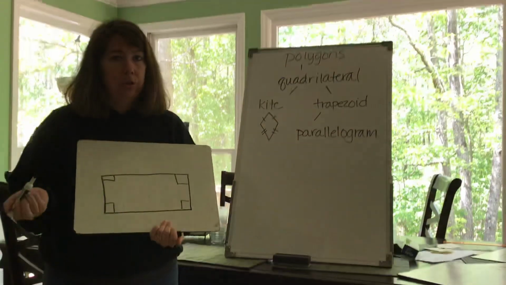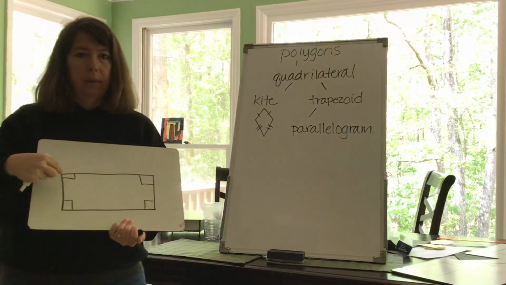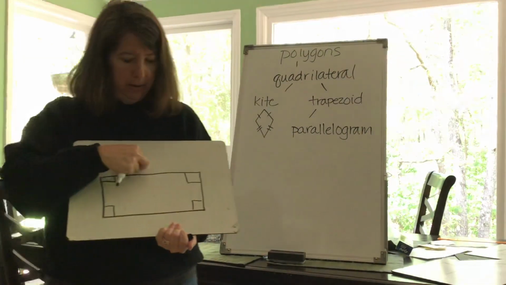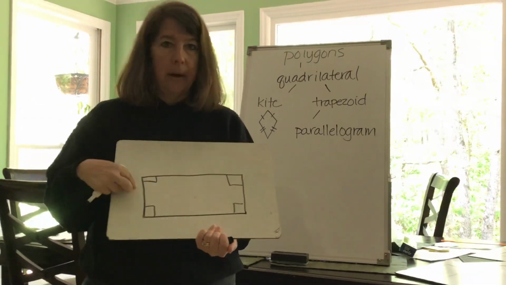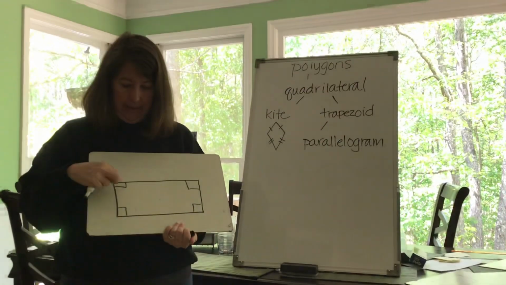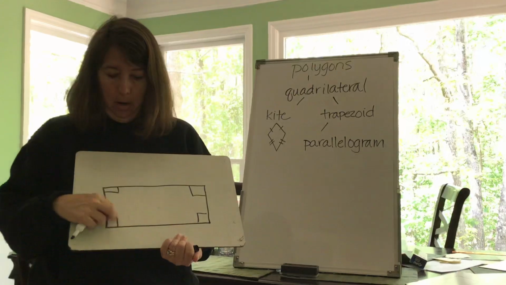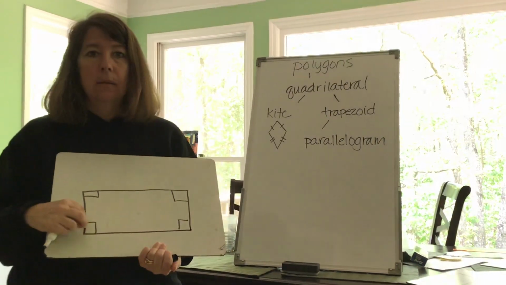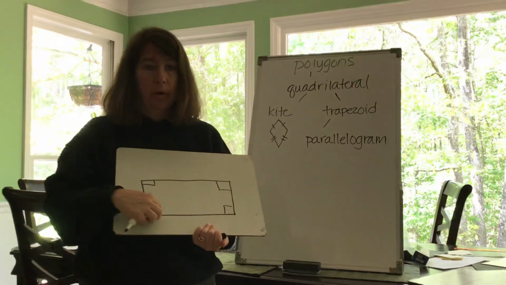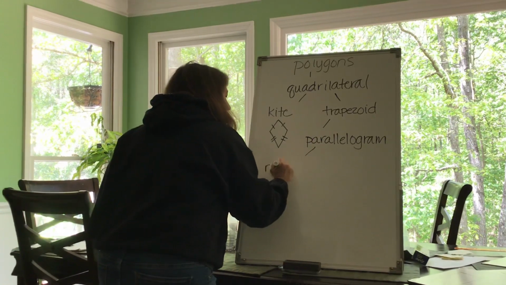It has two sets of parallel lines because the top and bottom are parallel, the left and right are parallel, and the opposite sides are going to be congruent. The top and bottom is the same measurement, and the left and right are the same measurement. And this is a rectangle because it has 90-degree angles. 90-degree angles in the corner are often marked with a little box like this. You can tell it's 90-degree angles because it looks like a corner. So some parallelograms are rectangles.